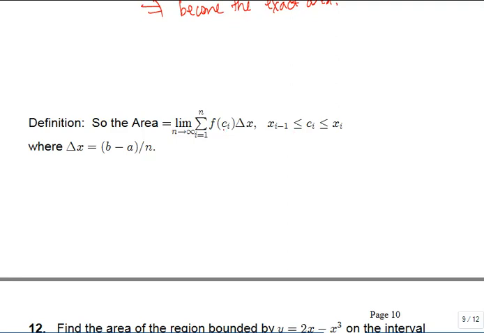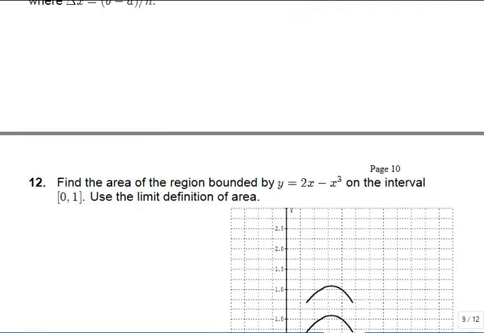So you can use your c sub i's to be left endpoints or rights or midpoints or whatever is easiest for you. And we're going to let our rectangles have equal width, b minus a over n each time, again, just to make our life easier. So you get to choose what endpoint you want, and when you take the limit of that as n goes to infinity, it's all going to work out in the end and give you that exact area.